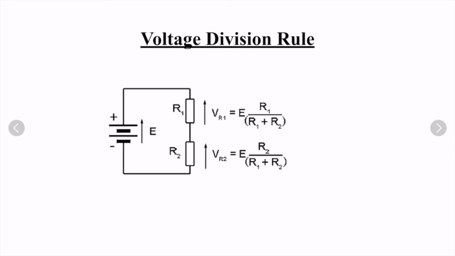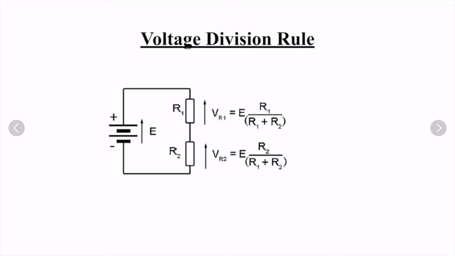Okay, so what is that? Voltage division says that if you have a series circuit and you know the total voltage and the values of the resistances, then you can apply this voltage division formula.